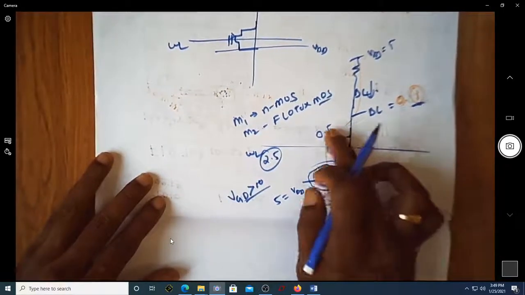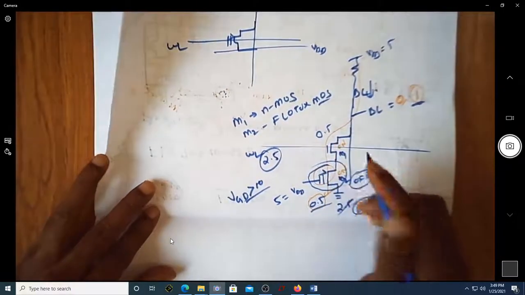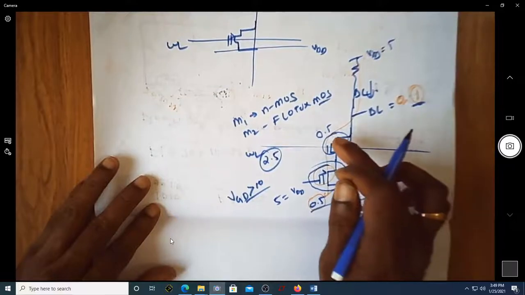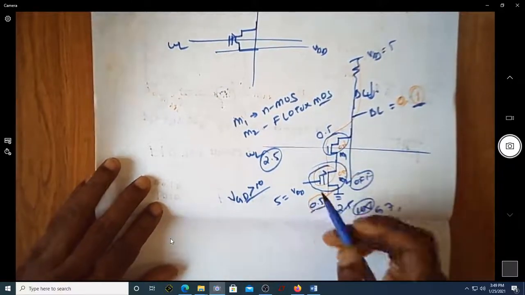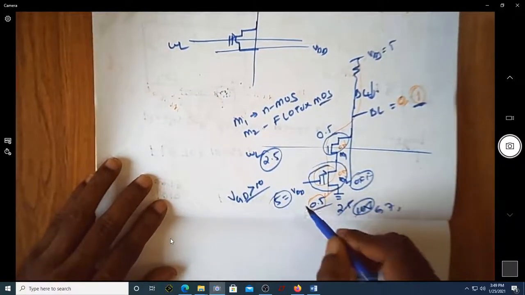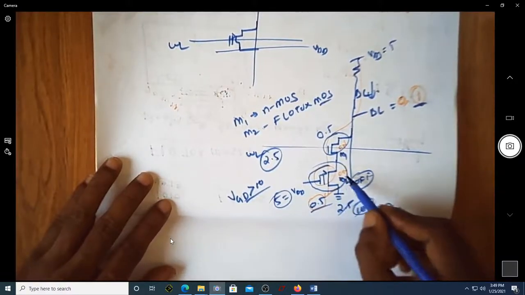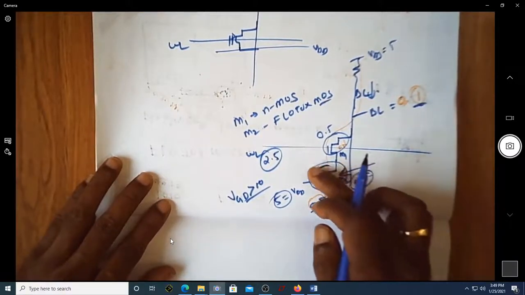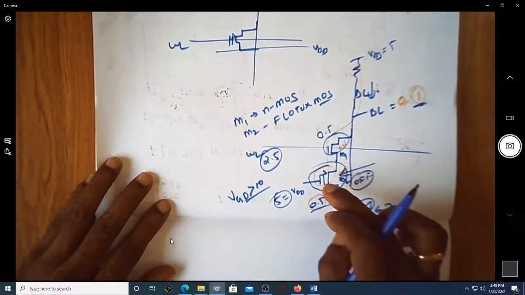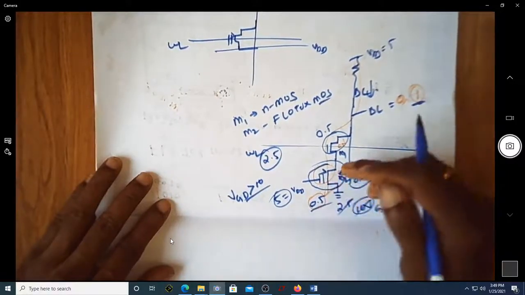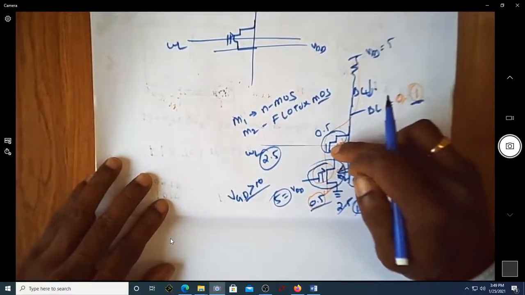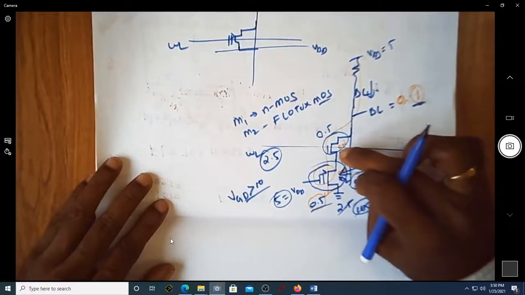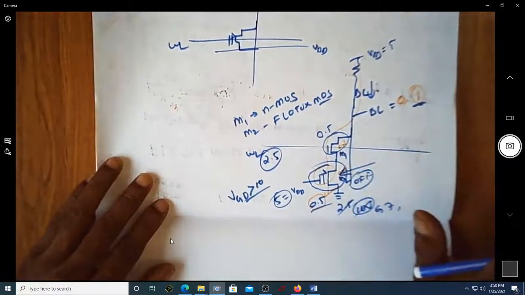You will not be changing the configuration of this transistor. You'll simply be turning on this transistor, whereas applying a large or small voltage during the programming time, you'll be using this particular Flotox transistor, whereas this ordinary transistor will be used during the access operation.